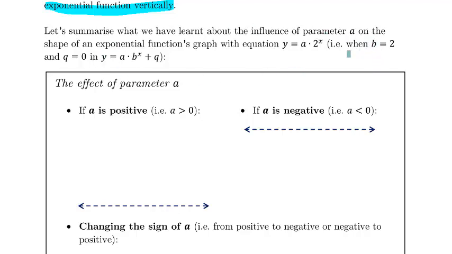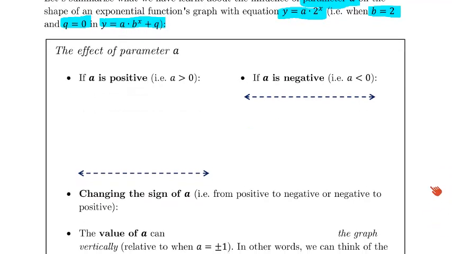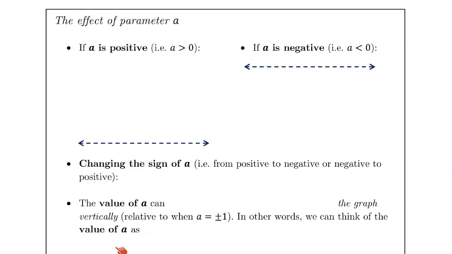We're going to make some conclusions about what a does, but this is very specifically for what the parameter a does to this graph, y equals a times 2 to the x, where b is specifically 2 and q is specifically 0. In this equation y equals a times b to the x plus q, let's talk about the effect of parameter a.